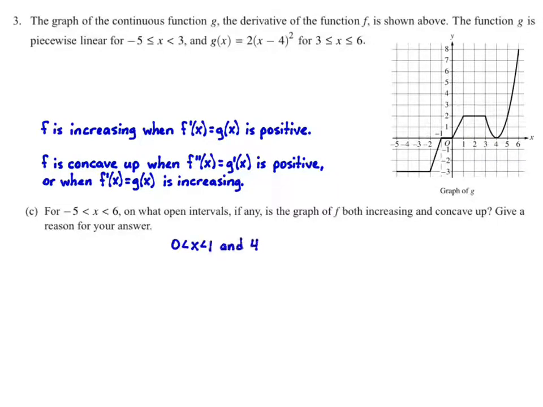Now for us, it's nice because they said over what open intervals, so we don't want to include the equal signs there. Now we knew it was going to be open because when we're talking about an increasing function, that would be over a closed interval. But when we're talking about concave up and concave down parts of a function, that's over an open interval.